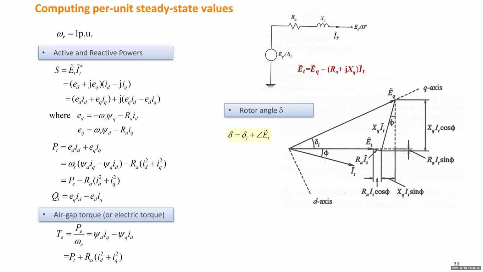Next, we have to draw the voltage drop on the resistance and on the reactance. For the resistance, that will be this current multiplied by that resistance. So we need to draw a very little arrow in parallel with this current. Then we draw another vector orthogonal to current because the reactance is imaginary.